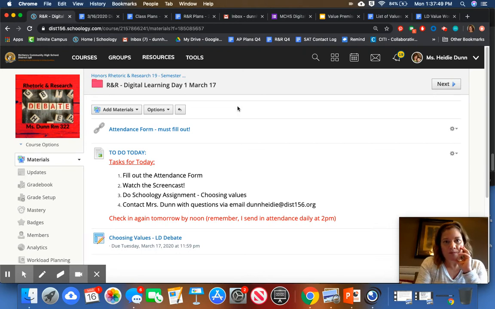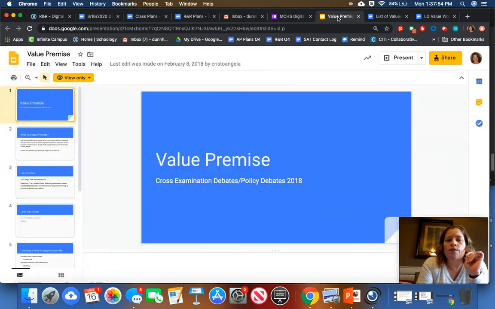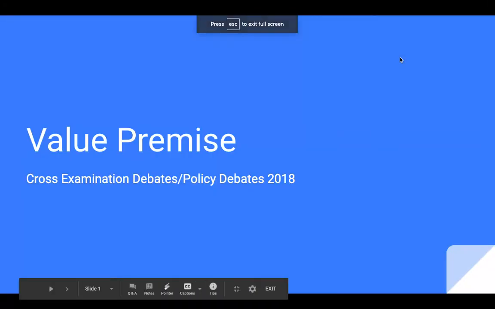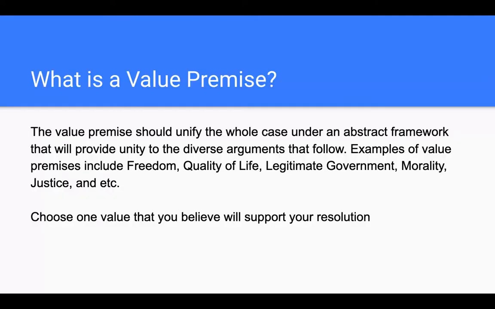Okay, so now today we're going to talk about values. You've all chosen your Lincoln Douglas debates. Just like when we did our cross-examination debates, the first thing that you have to determine is your value premise. A value premise is the idea that justifies the whole case under a framework.